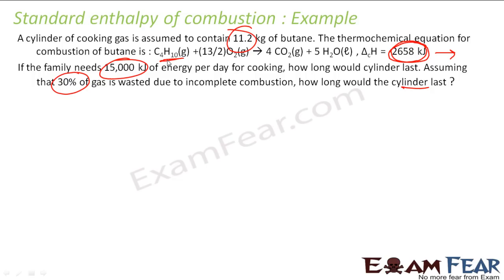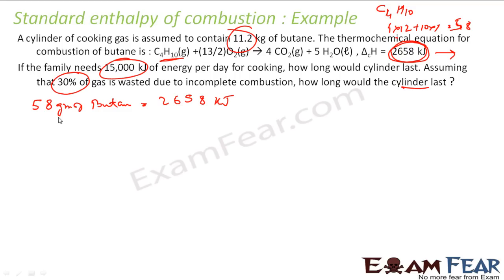See, 1 mole of butane is C4H10, right? So 4 into 12 plus 10 into 1, that is 58. So 1 mole is 58 gram. That means 1 mole or 58 gram of butane will give 2658 kilojoule of energy.